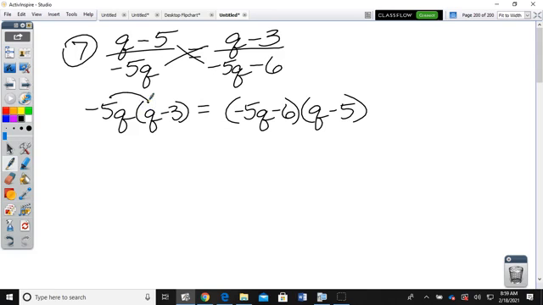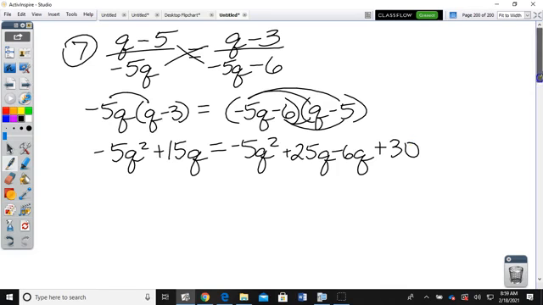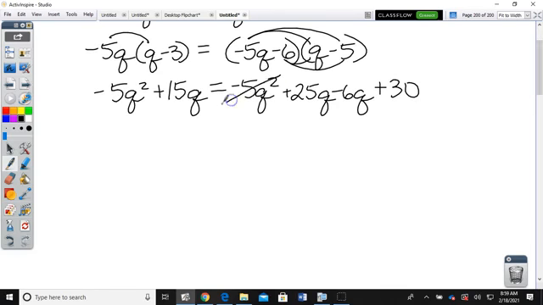Alright, distribute. Negative 5q squared plus 15q equals negative 5q squared again plus 25q minus 6q plus 30. The negative 5q squareds do what once again? They cancel out.